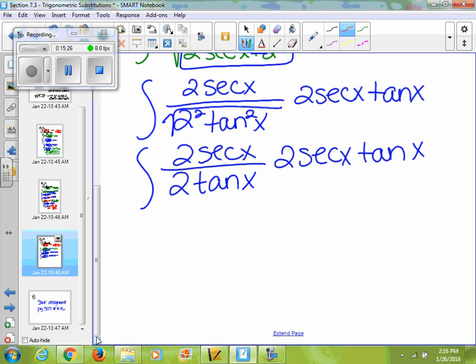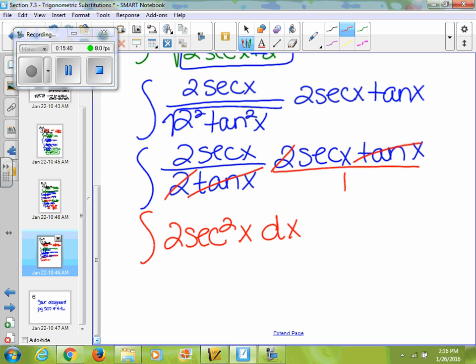So then we can start cross-canceling things if I make this a fraction. So 2 cross-cancels with 2, tangent cross-cancels with tangent, and I get the integral of 2 secant squared of x dx. If I pull the 2 out front, because you can pull constants out front, I get 2 times the integral of secant squared of x dx.